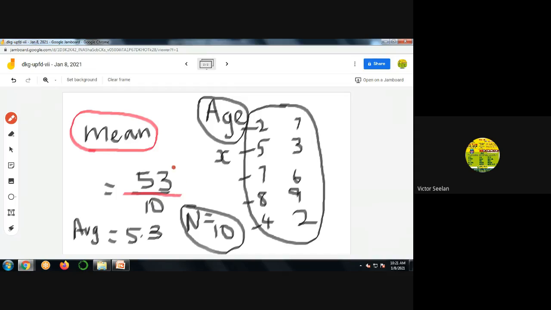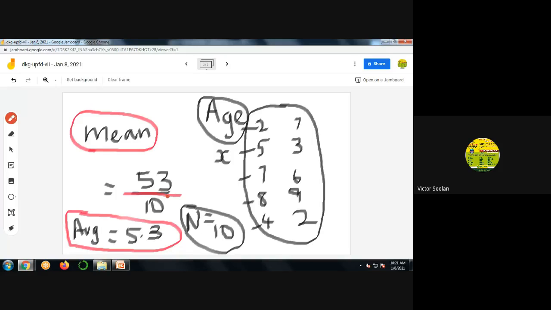Average is the total age, that is 53, divided by the total number of students, 10. So 53 by 10 equals 5.3. The average age of these 10 students is 5.3.